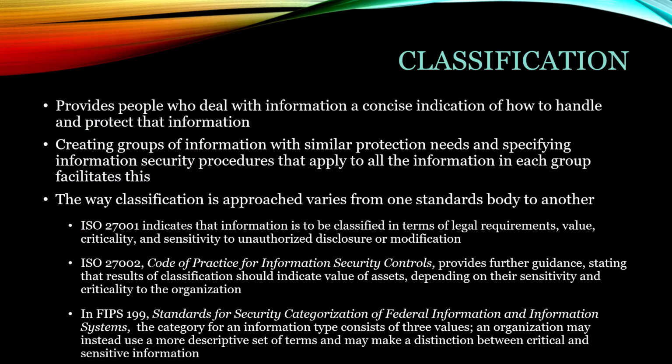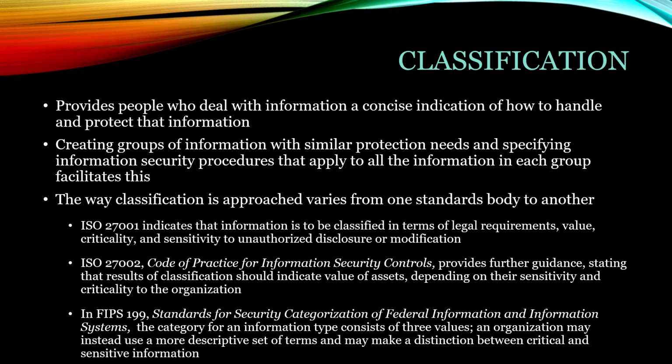All right, so this holds true for categorization. What about classification? Classification basically provides people who deal with the information with a very specific, concise indication of how to handle and protect that information. That means if you are given a specific piece of an object and it has a classification, that classification dictates what you do with it.